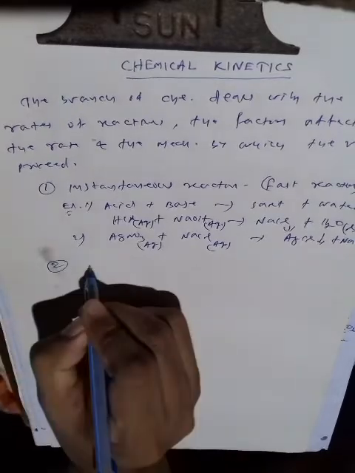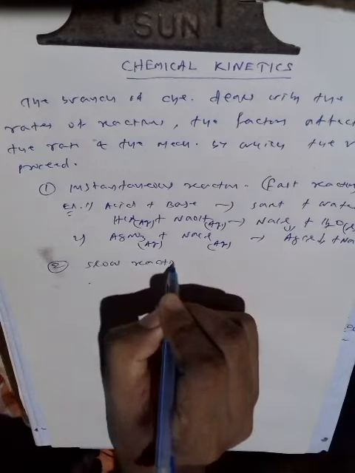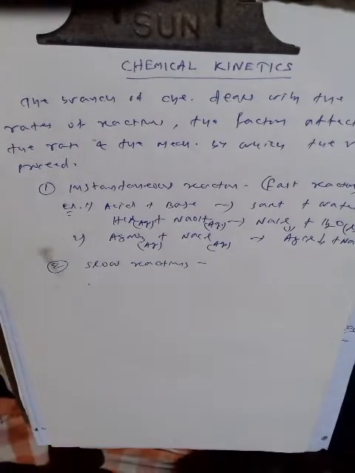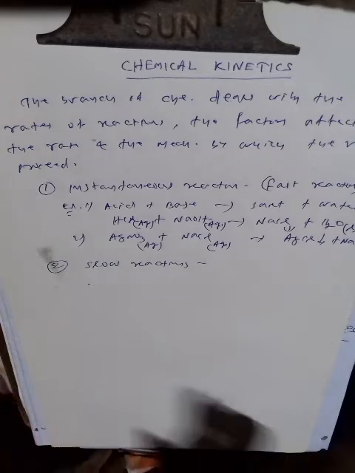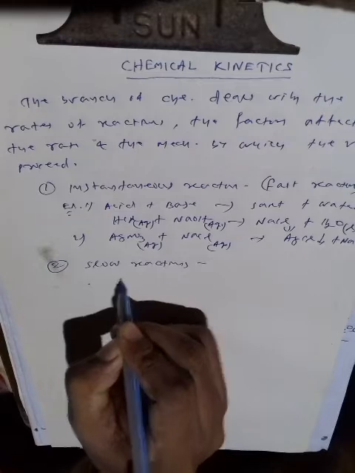Second type is slow reaction. The reactions which are not very fast are called slow reactions. These reactions have a very slow rate. An example is rusting of iron.